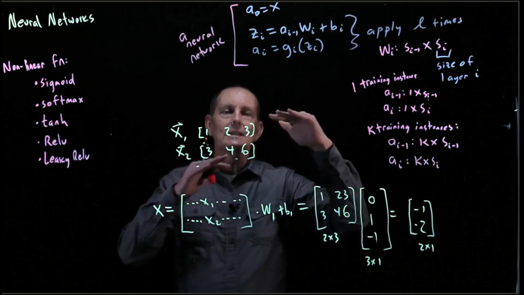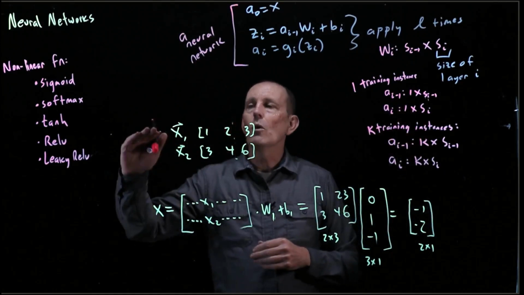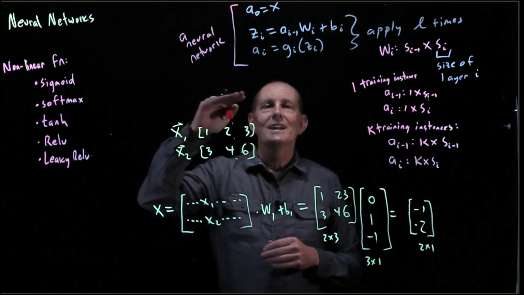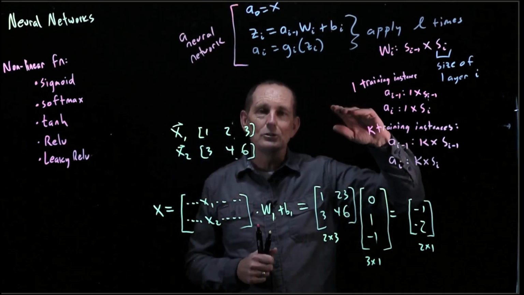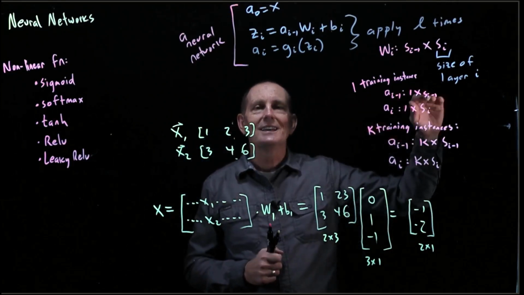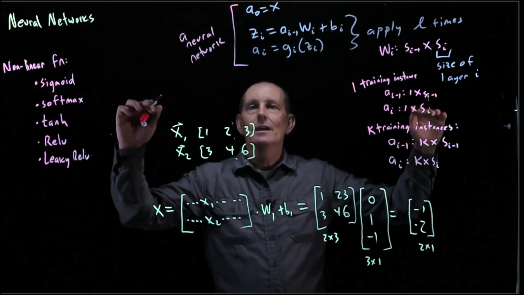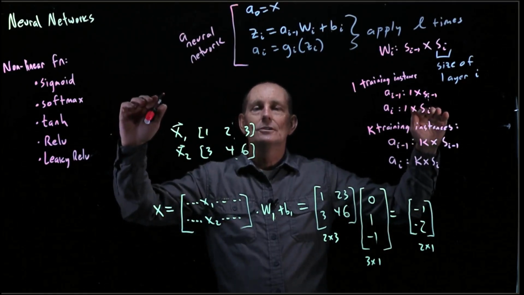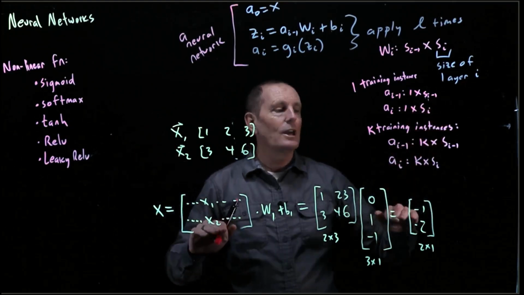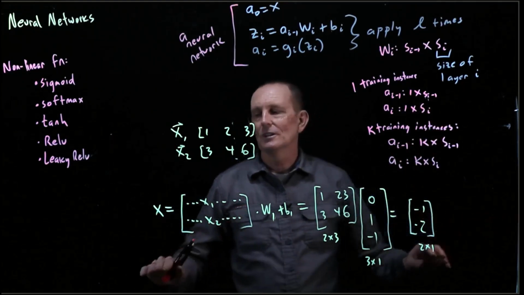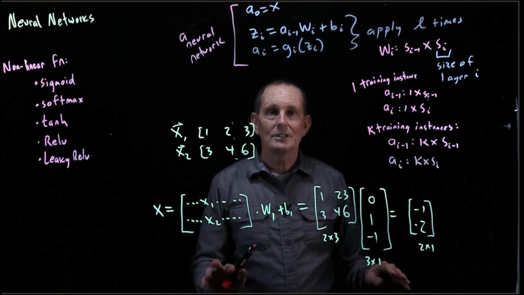And those rows get maintained as we go through this matrix multiplication. Row 1 of the final output is the y hat of the first input instance. The second input instance is represented in row 2, and you would find the output in row 2. The kth instance is in row k as the input.